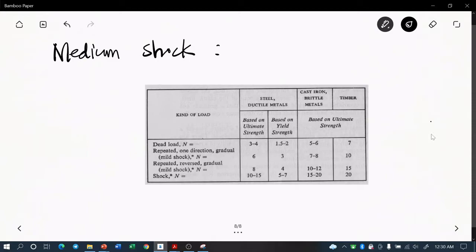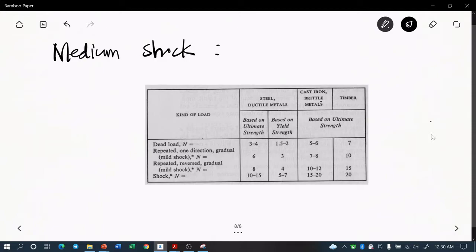They have corresponding factors of safety based on the ultimate strength and yield strength. In the last 2 columns there are 2 specific materials: the cast iron, or the brittle ones, and the timber.